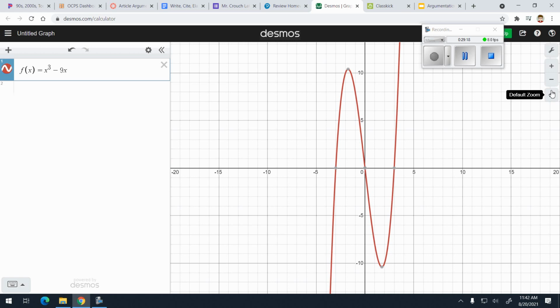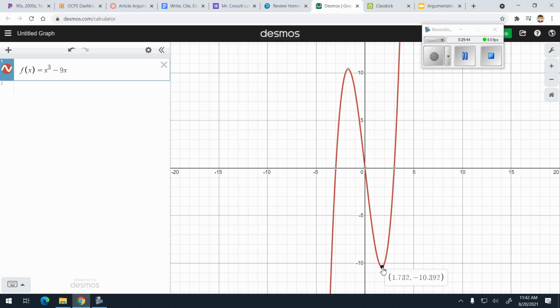Negative 3, 0, I should say. 0, 0, 3, 0, 0, negative 10. I'm just going to park it down here. Let's see where that point's at.